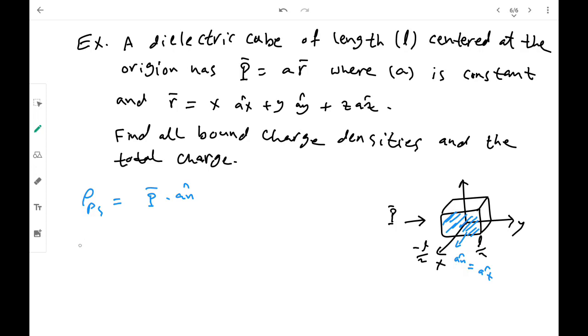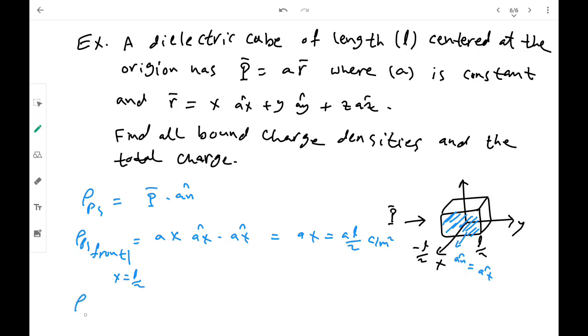So for the front face, rho ps front is equal to the polarization vector, which is A times x ax, dot a normal, which is ax, and this is equal to A times x. But the front face is located at x equal to L over 2, so it is equal to A L over 2 coulomb per meter square. So the bound charge distribution at the front face is A L over 2 coulomb per meter square.